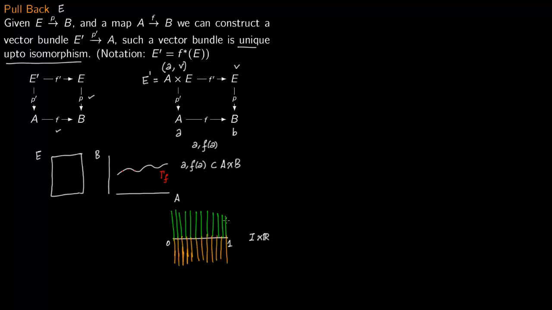So this entire thing is one real line. Above we have the positive part and below the negative part, and we have seen before that the Mobius bundle is nothing but you connect this part to this part.